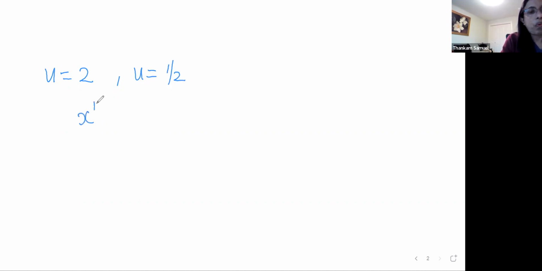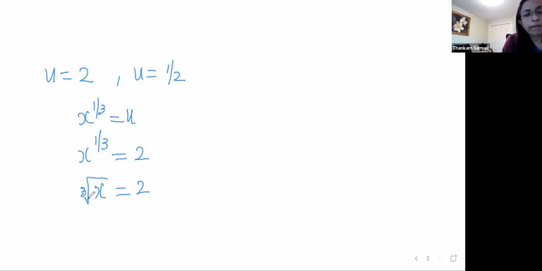So the substitution is x^(1/3) equals u. So instead of u, first substitute 2. So x^(1/3) equals 2. So you can see that x^(1/3) is the same as the cube root of x, which is equal to 2.